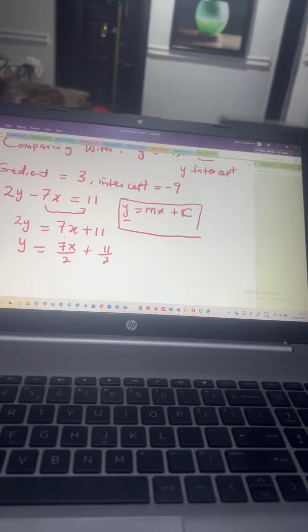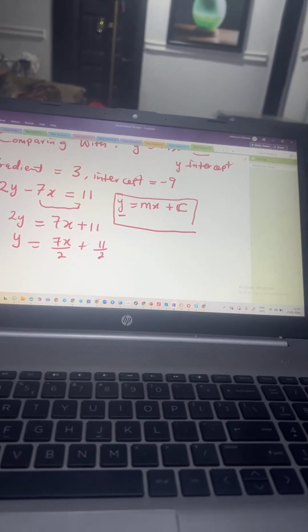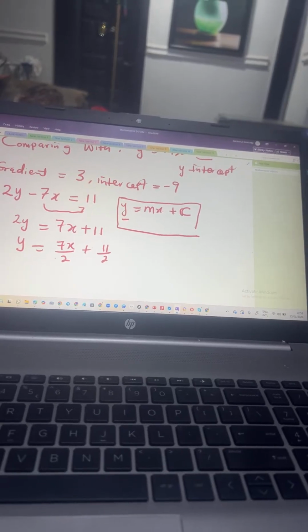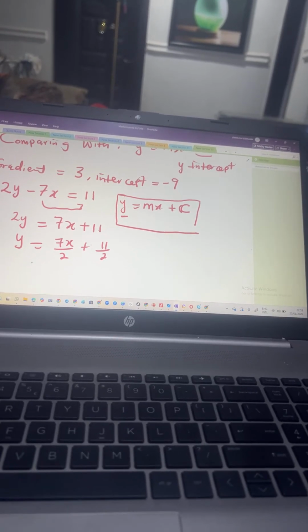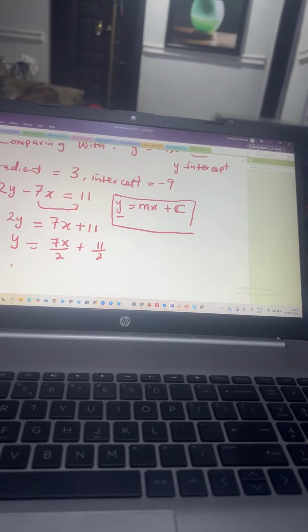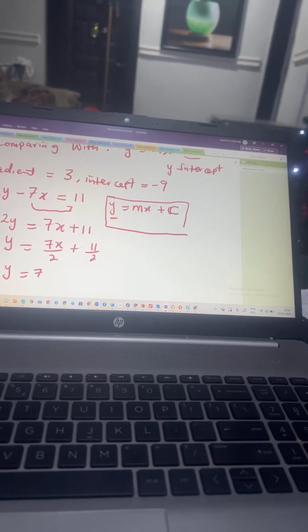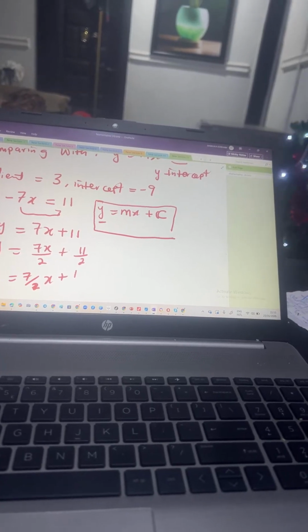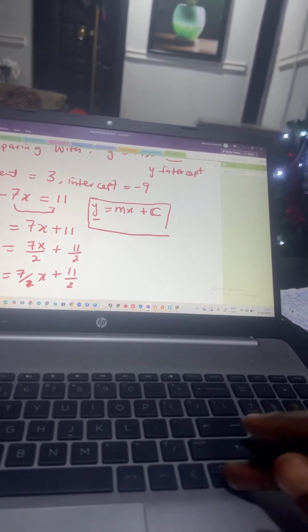It's not just 7x you are dividing, both sides by 2, so the whole of this divided by 2, then this divided by 2. So this can be written as y equals 7 over 2 x plus 11 over 2.